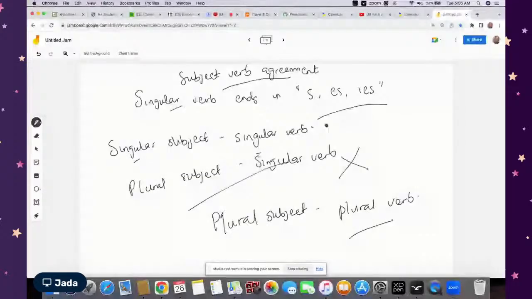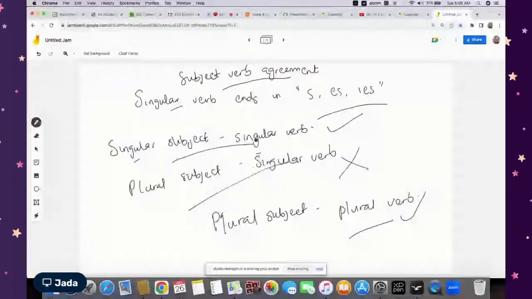And plural subject, plural verb, of course, they go together. But you cannot have a plural subject with a singular verb, or a singular subject with a plural verb. Never. It doesn't work like that. So they both must agree. So once it's singular all through, and once it's plural all through. Okay?